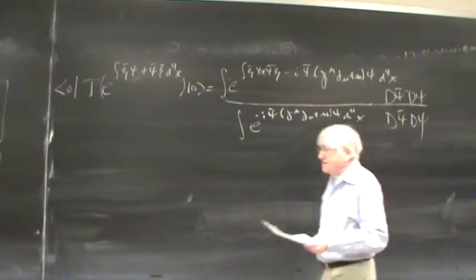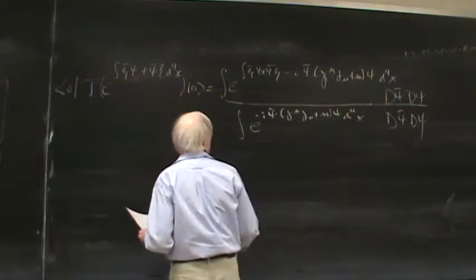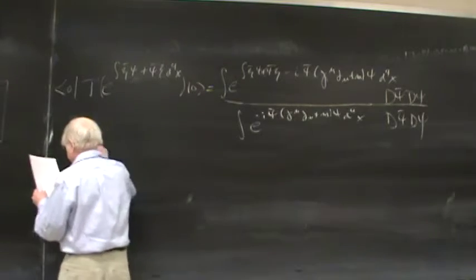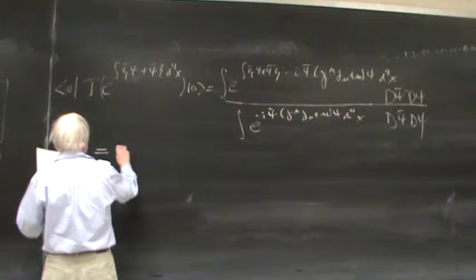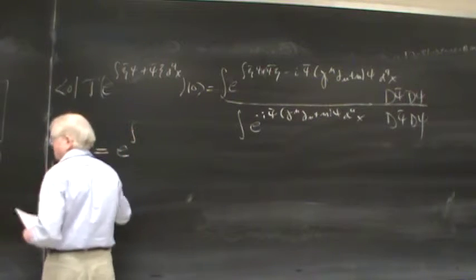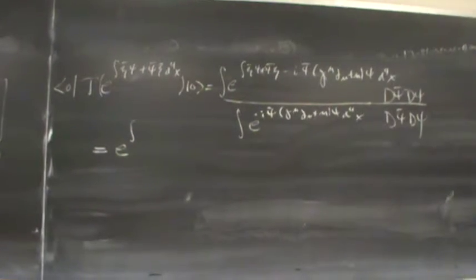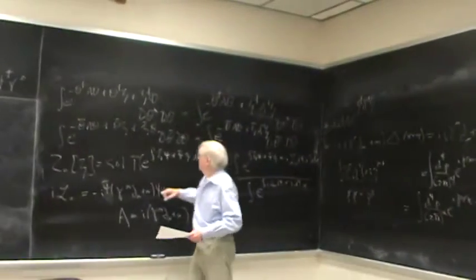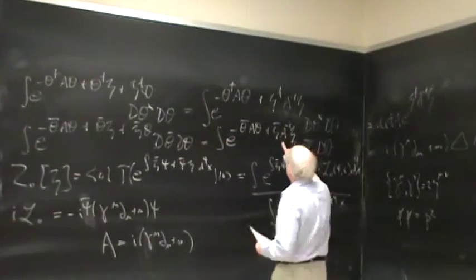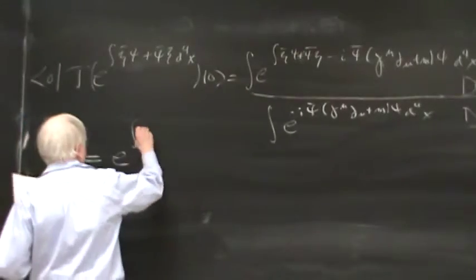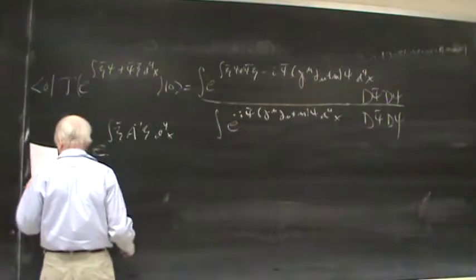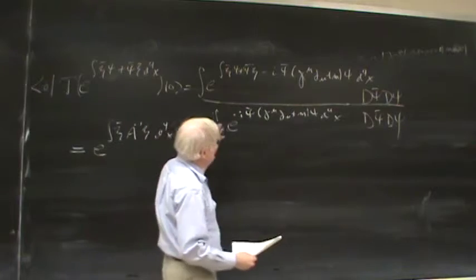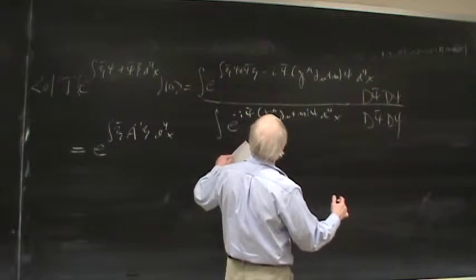And now using this identity, we can rewrite this as e to the integral. And what does this give us? This says that if you have a minus here, you then get this plus zeta bar A inverse zeta d4x. And then, of course, what you have is what's left.